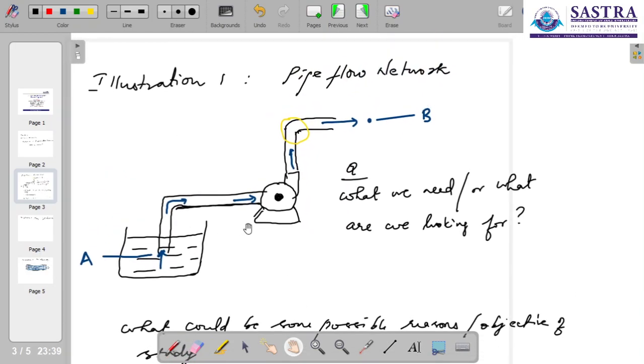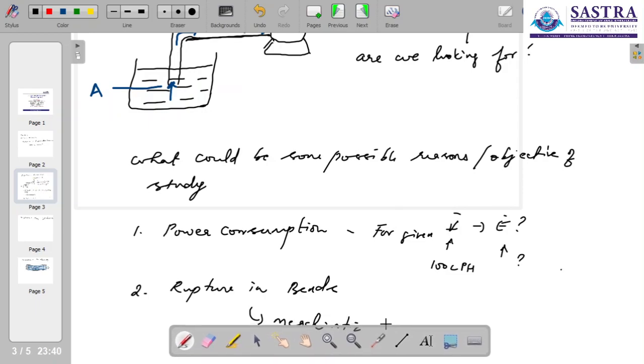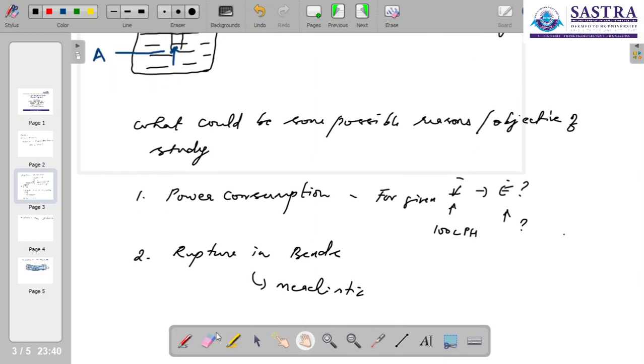Now probably one of these bends is often getting damaged, or there is a leak, and maybe as an engineer you may want to know what causes this rupture, right? Can you find a mechanistic reason, or an understanding of failure of these bends? And probably you want to fix it.